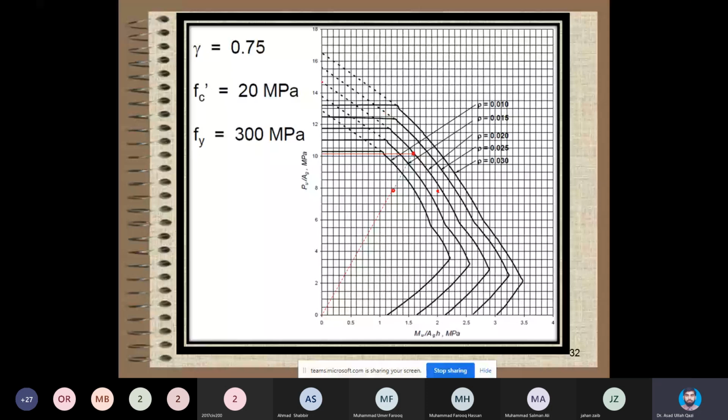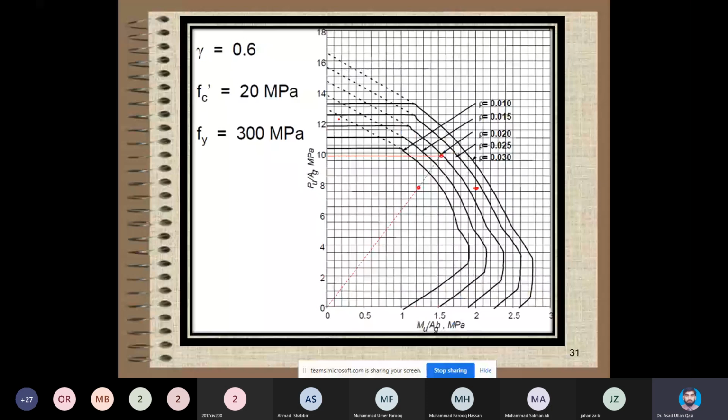Either way, this answer will remain the same because axial capacity is independent of gamma.